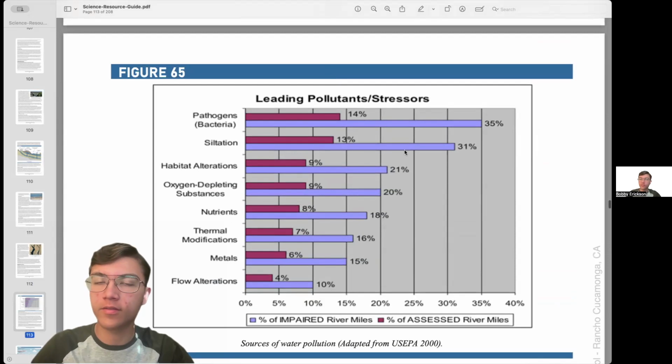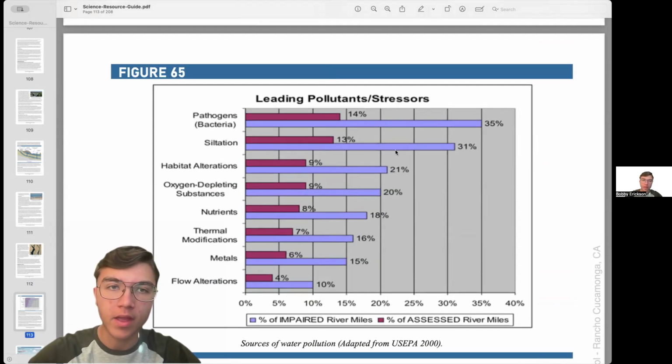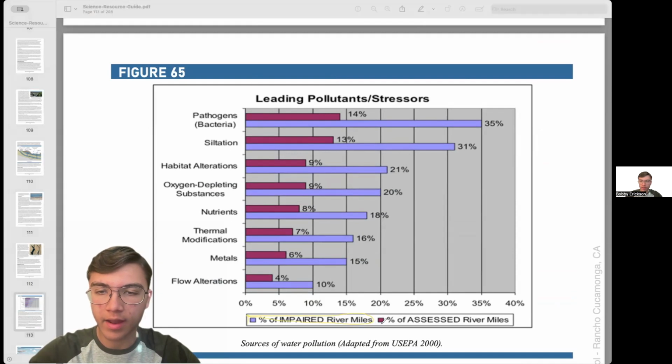If we look at this figure and study it here, the percent of impaired river miles is going to be the purple here, and then the assessed river miles that have been checked in each of these sections.